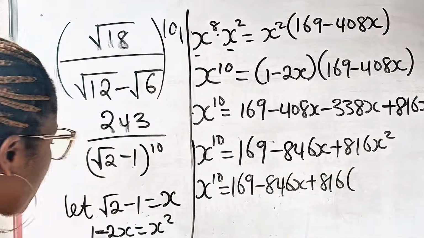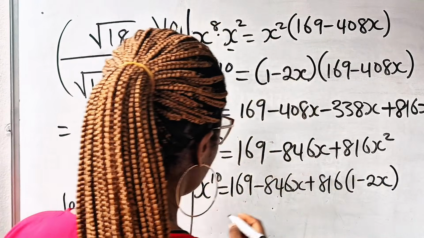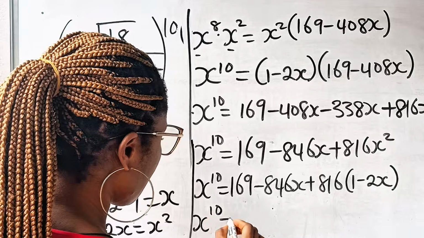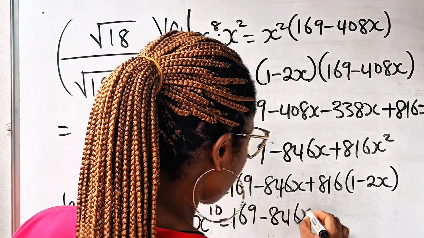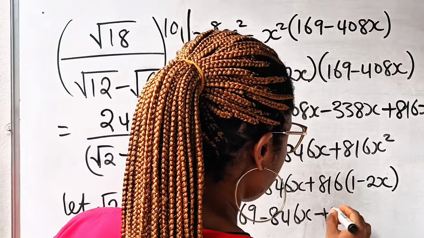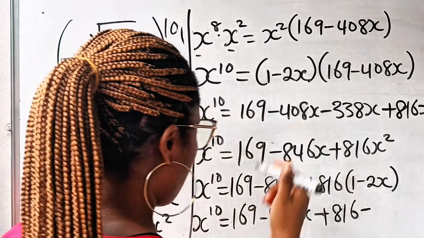Now remember our x squared is 1 minus 2x. 1 minus 2x. Now x to the power of 10 is 169 minus 846x plus this times this is 816. This times this is minus.